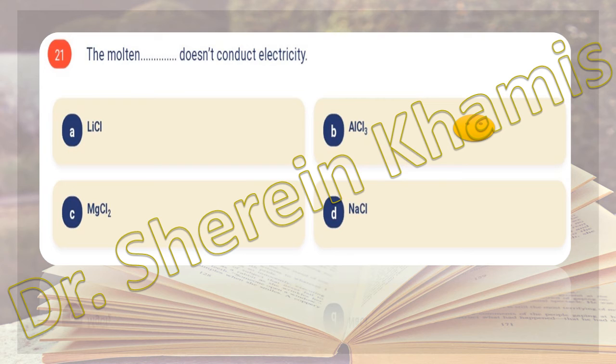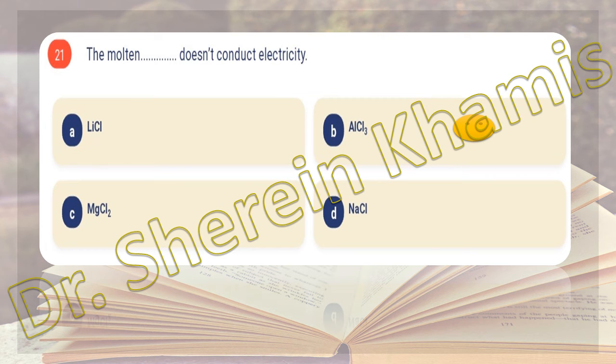Lithium chloride is the wrong one, and sodium chloride and magnesium chloride are all greater in conducting electricity than aluminium chloride. Aluminium chloride behaves like a covalent compound, as the difference in electronegativity is low between the atoms of the elements forming the compound.